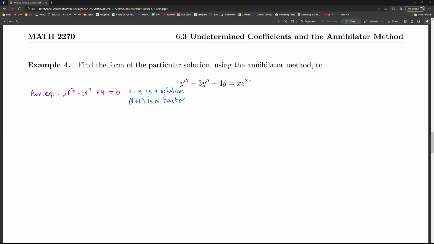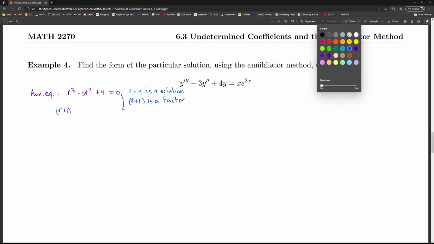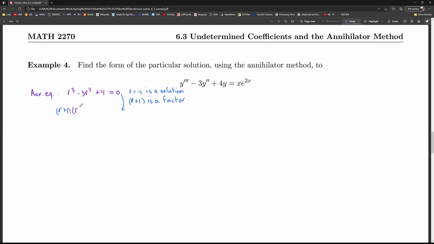So we would then use long division, and we would factor that out. We get r plus 1. And I will not do the long division here, but what you're left with is r squared minus 4r plus 4 equals 0.